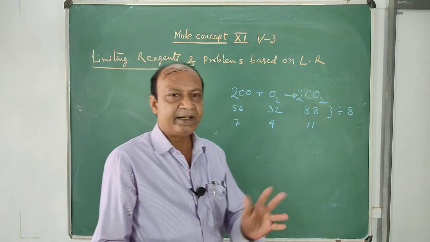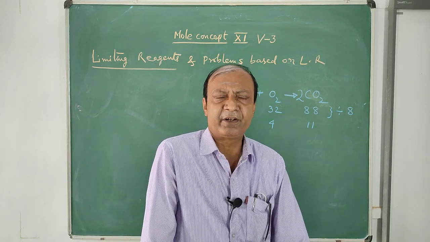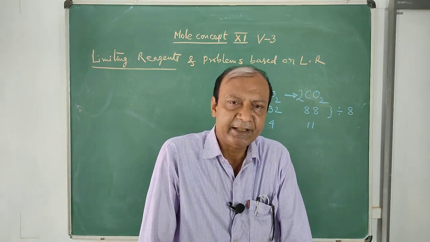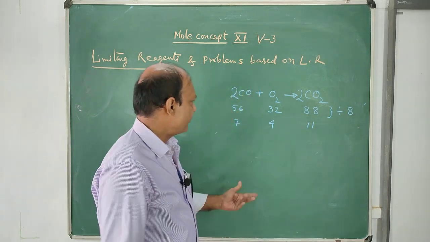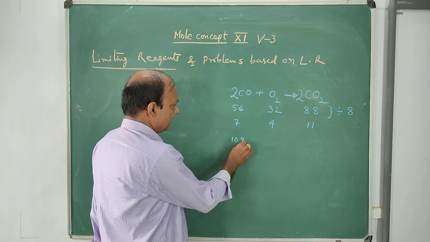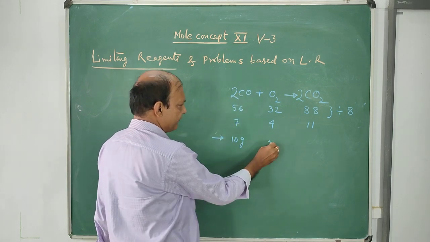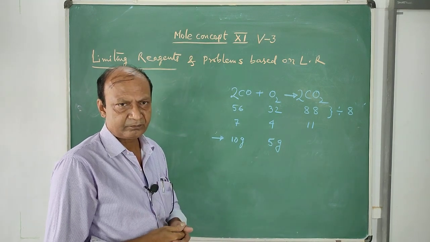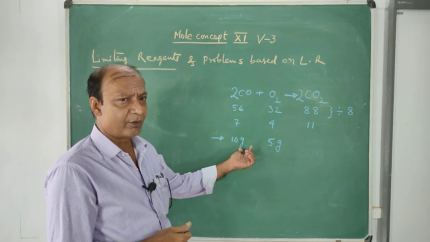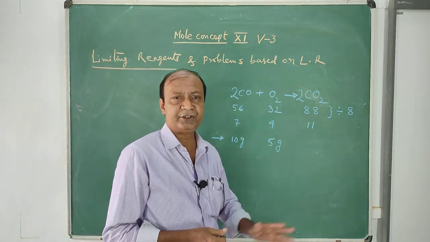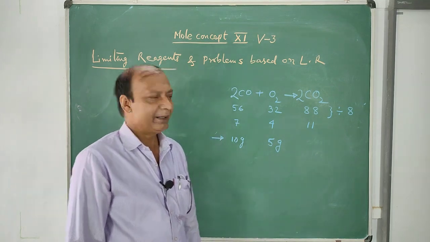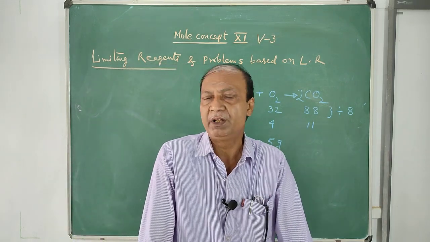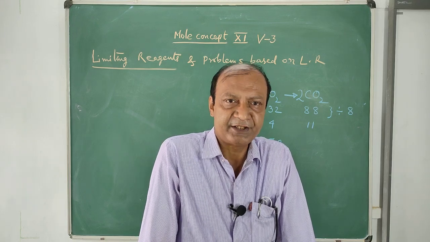Now if you take any arbitrary ratio of the mass of carbon monoxide and the mass of oxygen, say we are taking 10 gram carbon monoxide and 5 gram oxygen, which we have taken from our mind, then for this reaction, naturally one of the two reactants will be fully consumed and the other reactant will be in excess in some amount.